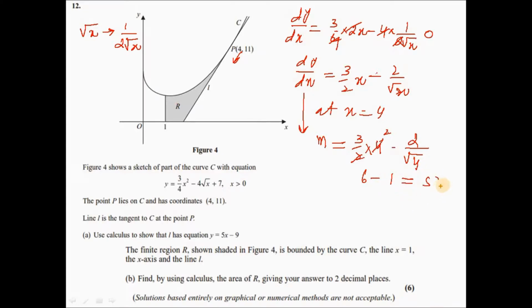So this is the gradient of your line. So finally your equation is y minus y1, where the coordinates are x1 and y1, so y minus 11 is equal to 5 times (x minus 4). You simplify this, and you have the equation y is equal to 5x minus 9. This is your required equation.